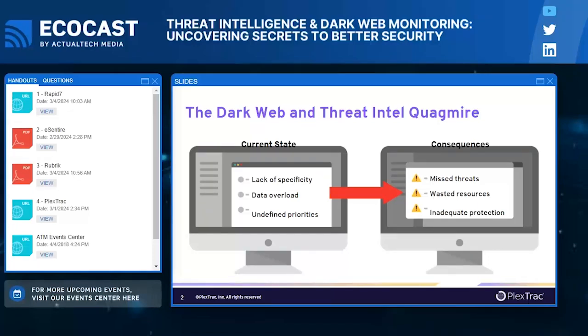And the wasted resources is a massively big one for me on the consequences side. I've seen organizations, from public to private, hunt down and figure out that the dark web or possible attack coming from hacker discussions have been false, or they've been misunderstood in some way, or they don't really apply to their most protected resources.